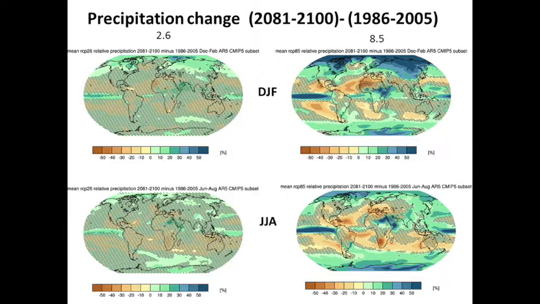But in annual, we can see that, for example, south of South America there is a positive change in precipitation, and here in the north there is a reduction of precipitation. And here is June, July, August. Sorry, this is not annual. I put here only 2 seasons, December, January, February, and June, July, August, where we can see the differences.